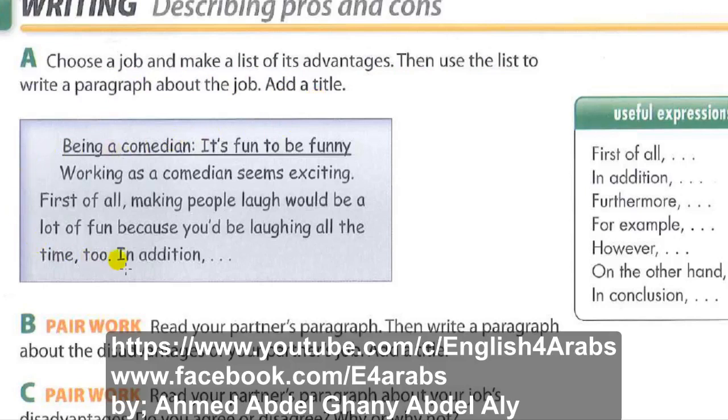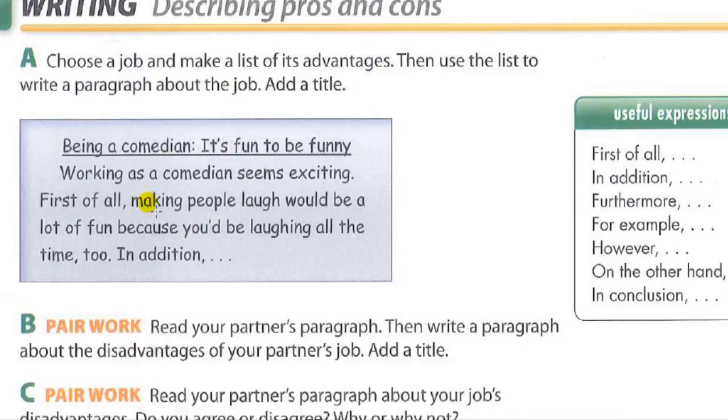So you write a paragraph about a job, you put a title, and then you start to write about the advantages, the merits of this job, and the disadvantages. Of course, you can make more than one paragraph. You can make it as an essay or article about a career.